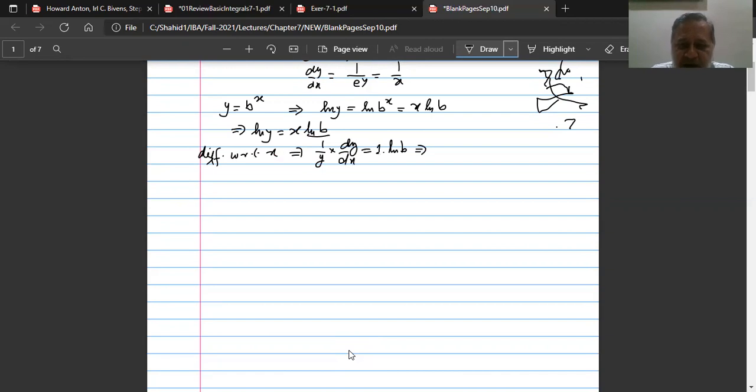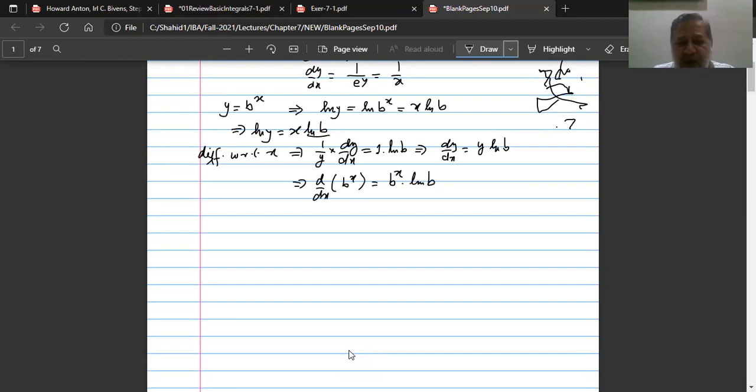That means the result is dy by dx equals y times ln b, and as y was b power x, the derivative of b power x is equal to b power x into ln b.